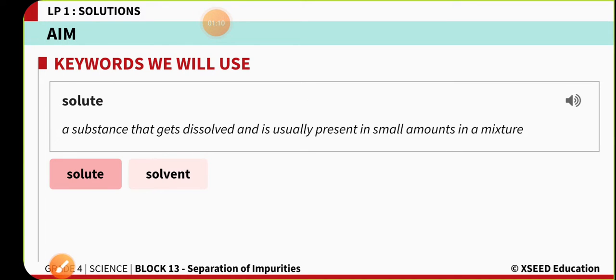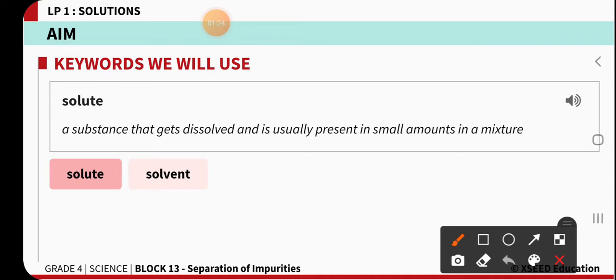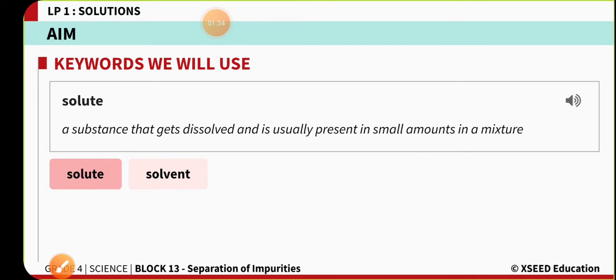A solute is a substance that gets dissolved in another substance and is usually taken in smaller quantities in a mixture. Solute: a substance that gets dissolved and is usually present in small amounts in a mixture.